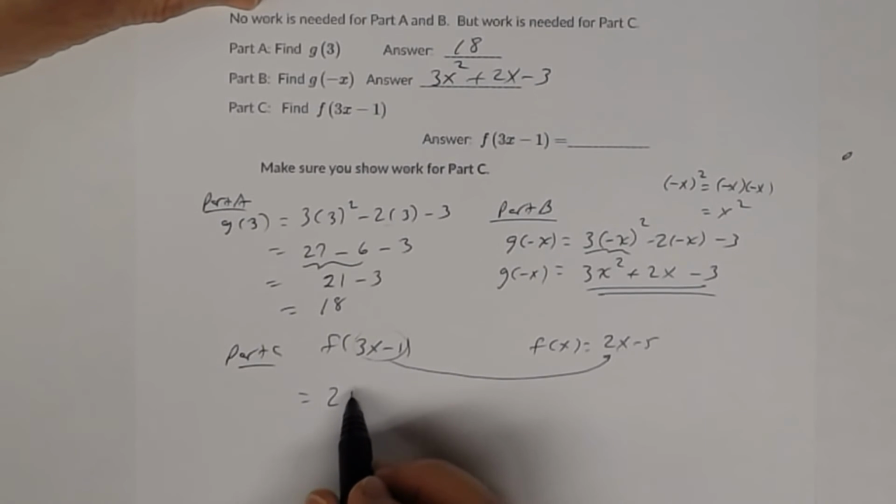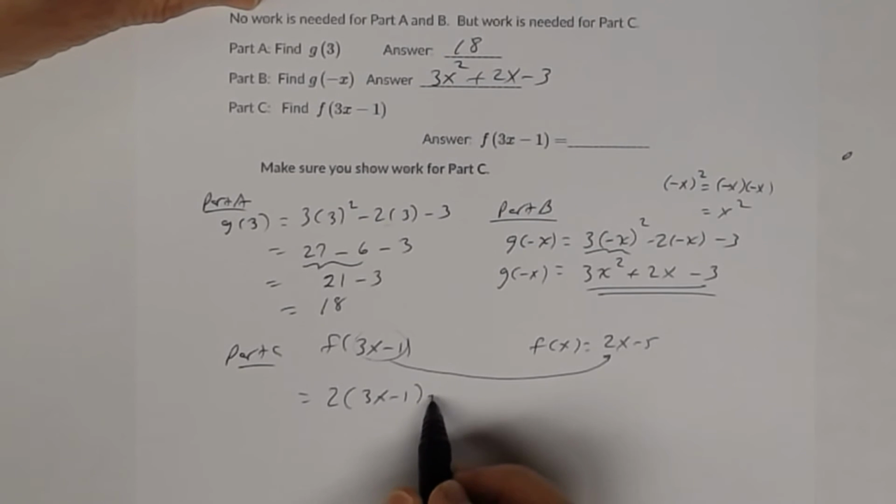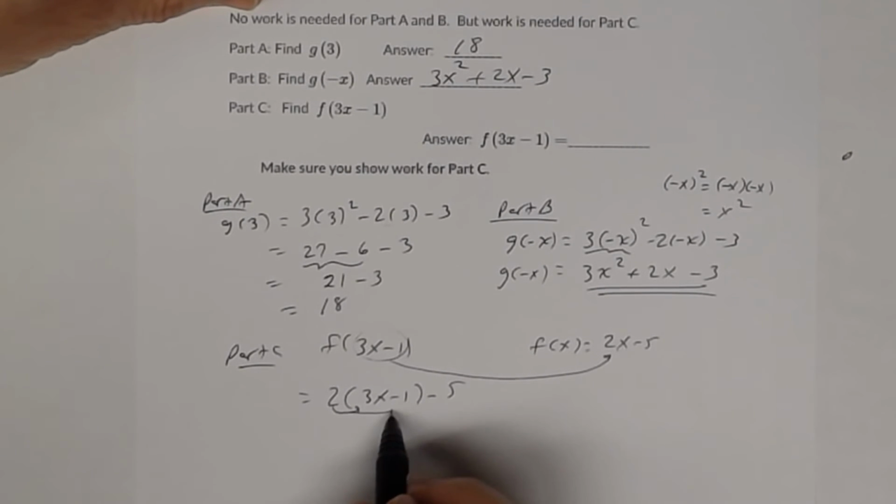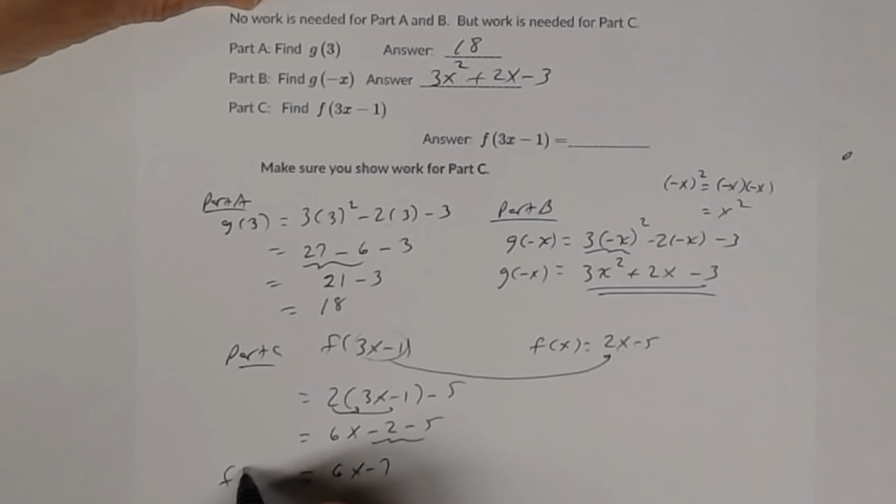So I get 2 times 3x minus 1 minus 5. Distributing the 2, I get 6x minus 2 minus 5. A negative 2 and a negative 5 combining like terms is 6x minus 7. So 6x minus 7 is f of 3x minus 1. So 6x minus 7. All right.